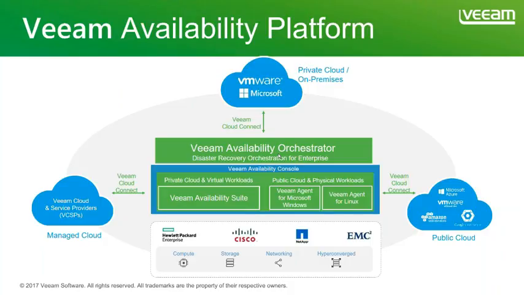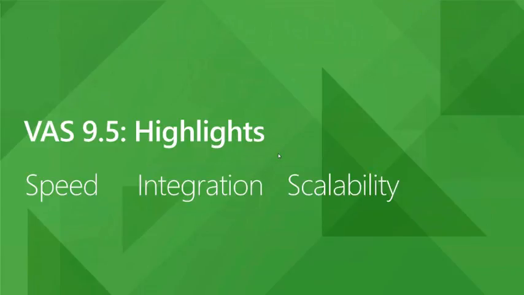And as part of this update, as part of this Veeam Availability Platform, we announced Veeam Availability Suite 9.5. If you've been using Veeam previously, if you heard about this release, we had a lot of complaints about it. You said we didn't provide a really huge amount of new features, but we've released more than 120 new features with this minor release.